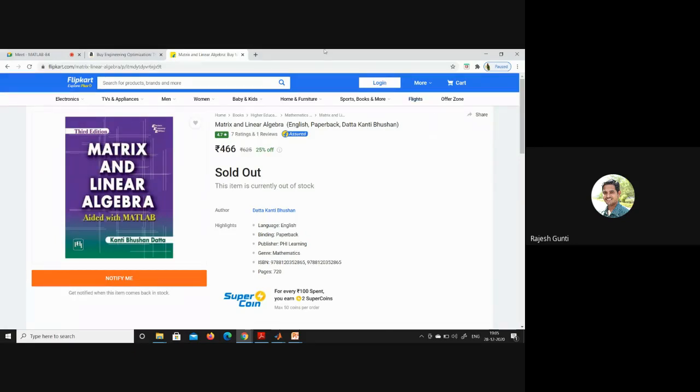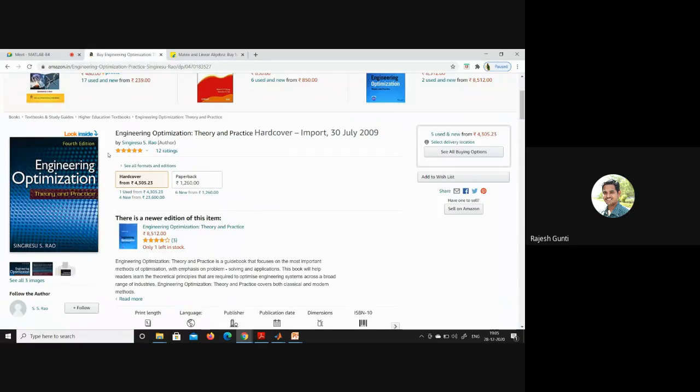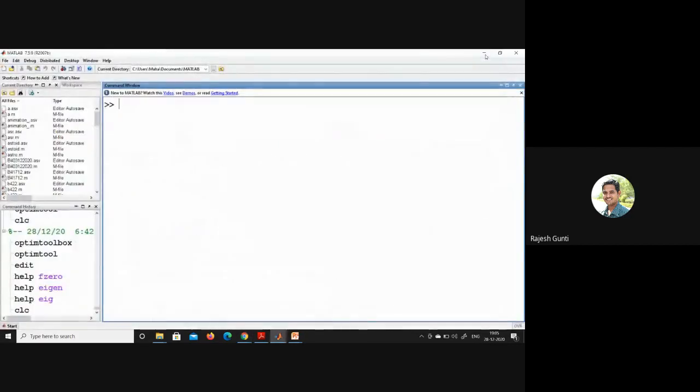This is also very nice, by engineering people. This is a standard prescribed book for ME students, engineering optimization for mechanical and EEE students. ME thermal students, this is standard. Don't underestimate engineering background people.